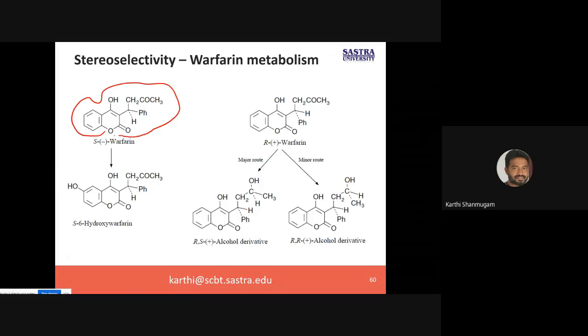Can you make a guess whether this molecule is highly polar or non-polar? Am I audible? My question is whether this molecule will get soluble in water or whether it will get soluble in lipids.